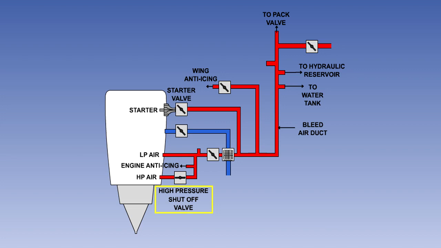It is open when there is insufficient air pressure from the LP system to maintain the required flow. When this valve is open, HP pressure will close the non-return valve, NRV, shutting off the LP supply. As the engine speeds up, the LP air pressure will increase until it closes the high-pressure shutoff valve, so that, in most stages of flight, bleed air will come from the LP stage.